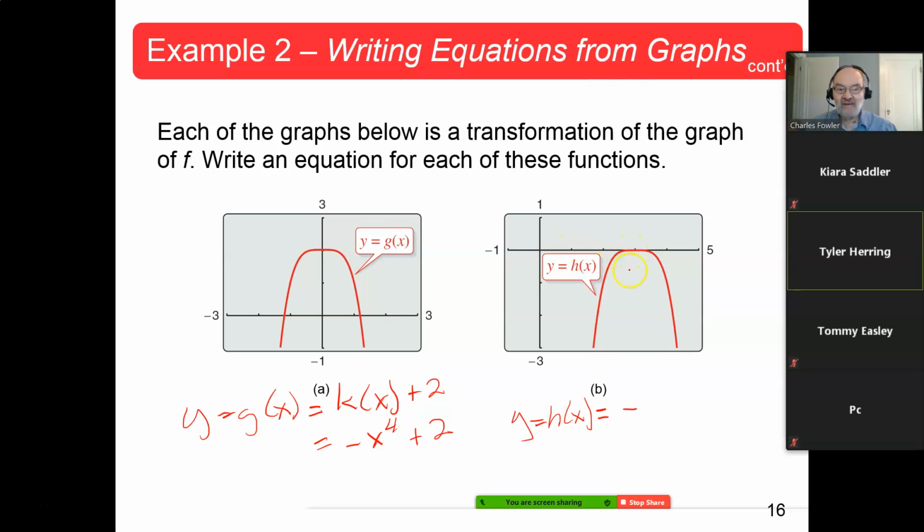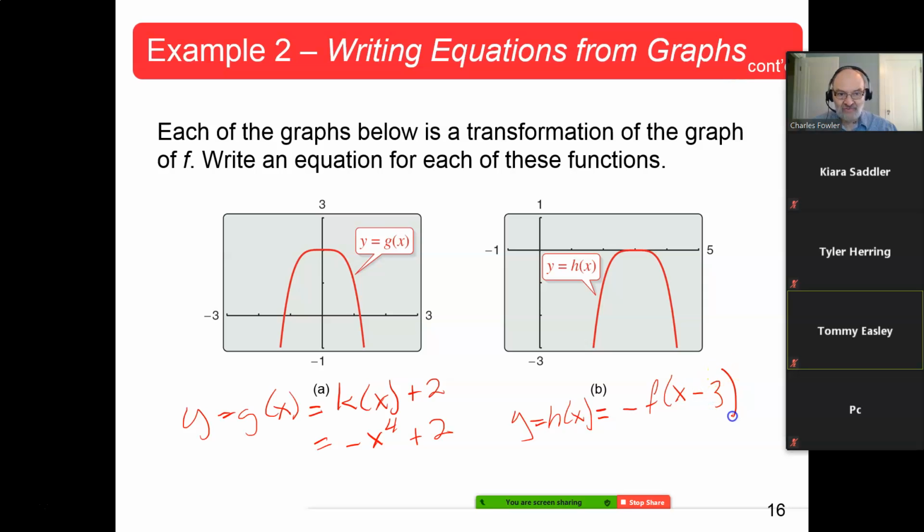Move to the right. Okay, and how do we express that? Since that's horizontal, what axis is the horizontal axis? X-axis. So the x is moved to the right 3. And remember, x's are always backwards. That makes it a minus 3.